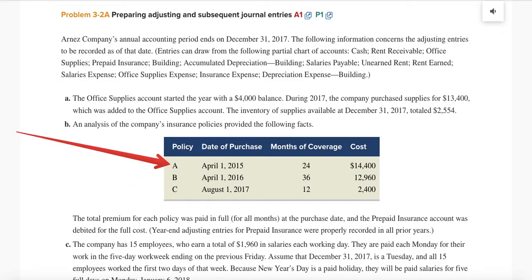So if they have automobiles, they're going to have an insurance policy for their automobiles, like delivery trucks or things like that. If they have a building, they're going to have insurance on the building. So if something happens to the building, they'll have money to repair it. And they'll also have just general liability insurance.